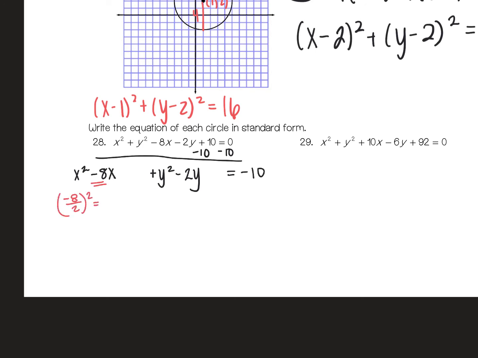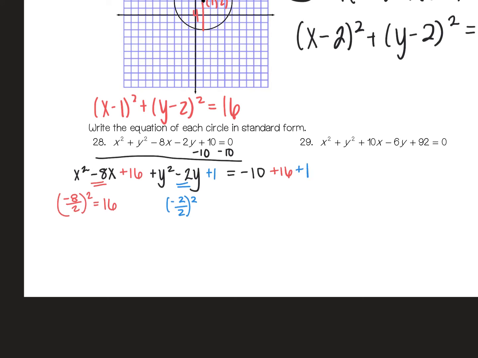So -8 divided by 2 is -4. Squared is 16, so that goes here. And anything you add to the left, you have to add to the right. Same thing, I'm going to take this, divide it by 2, square it. -2 divided by 2 is -1. Squared is 1. Anything I add to the left, I add to the right.